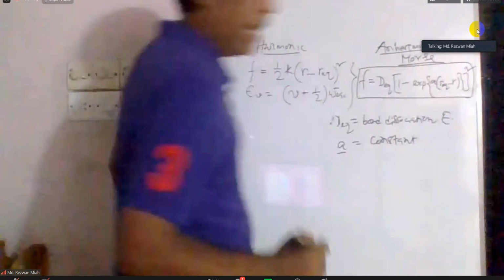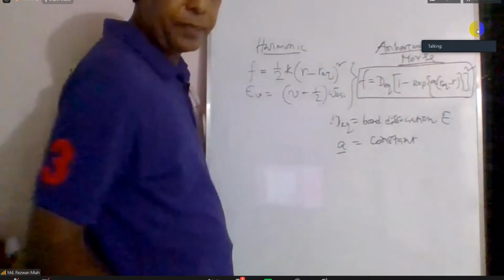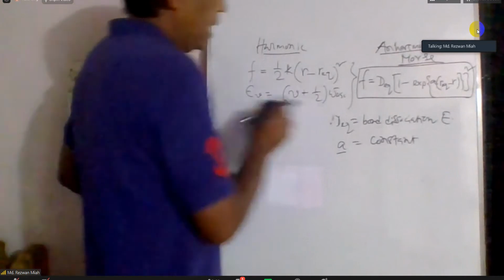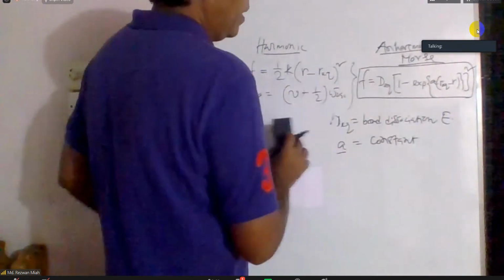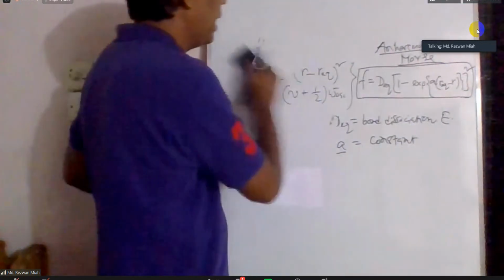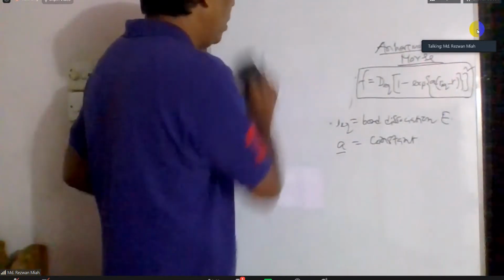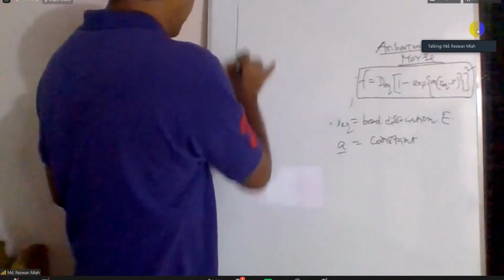R equilibrium and r are the same as before, the same as in the harmonic case. Therefore, according to this Morse equation, the variation of the potential energy of the molecule will be like this.